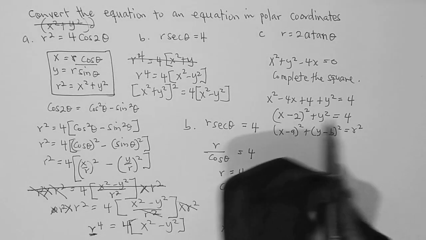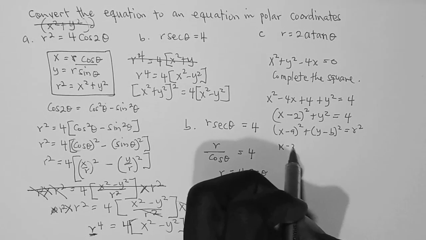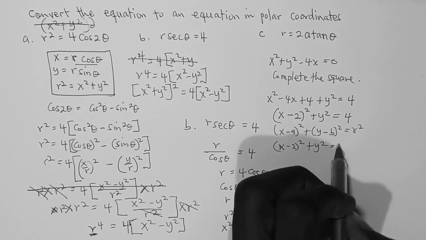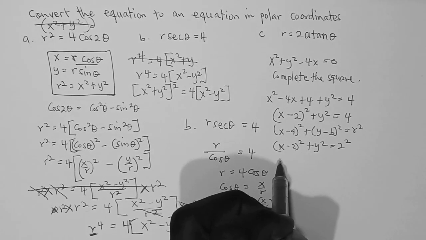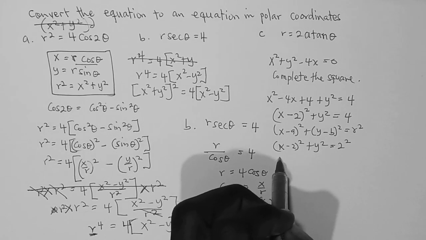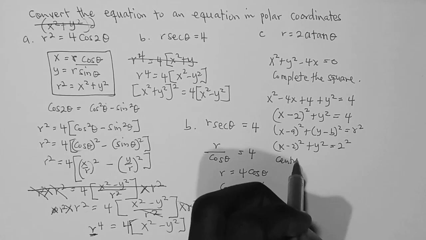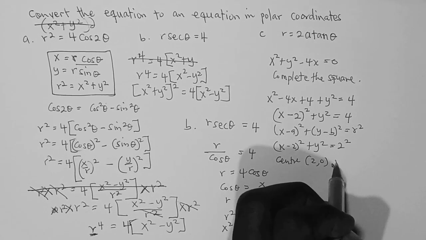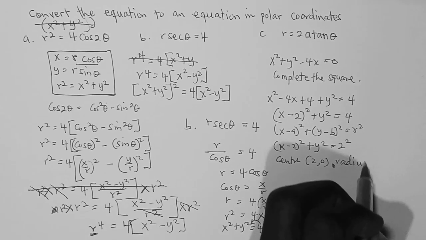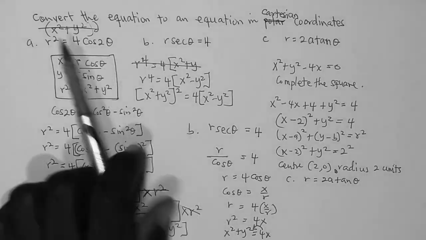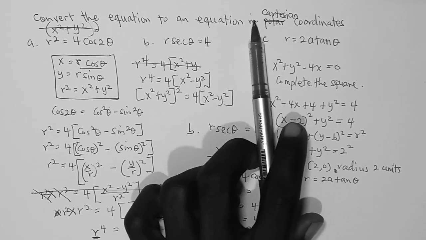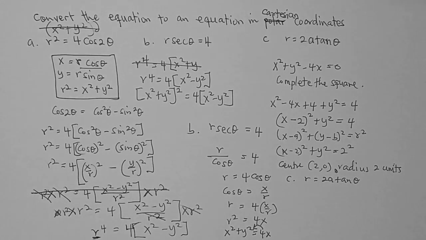So we can rewrite all of this as x minus 2 squared plus y squared equals 2 squared. So this is a circle with center (2, 0) and radius 2 units. So these are equations in polar coordinates, so we need to convert them to Cartesian coordinates.